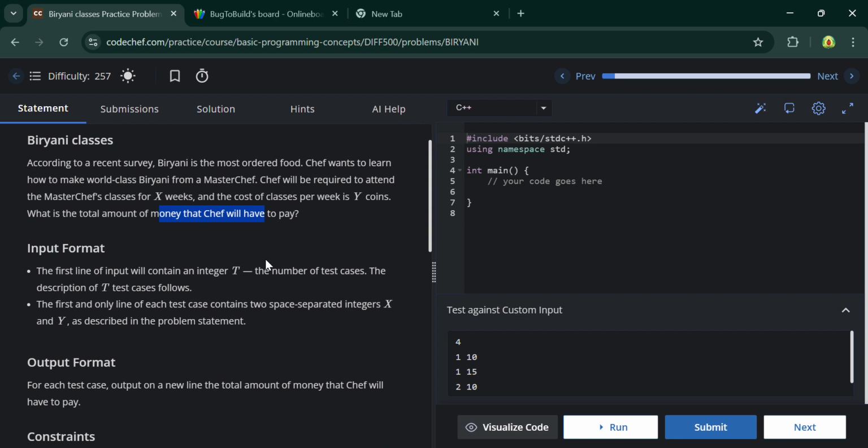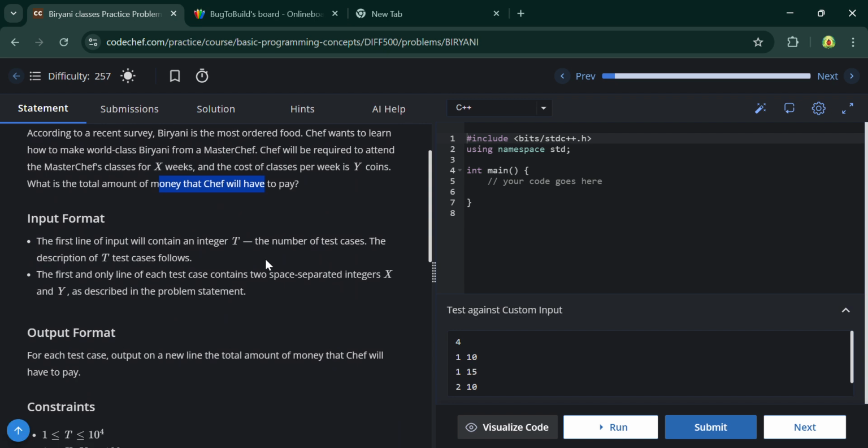So the chef wants to learn from the master chef, and he attended X weeks to learn the biryani classes from the master chef. And he has to pay Y coins per week. Okay, and now you have to return how much amount he has to pay.